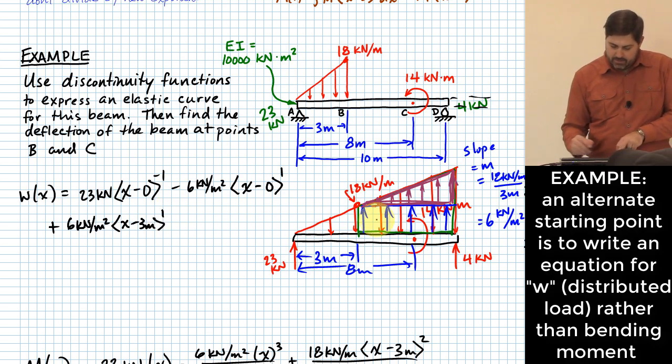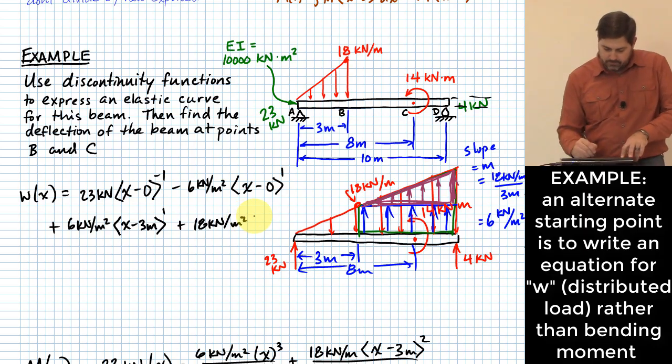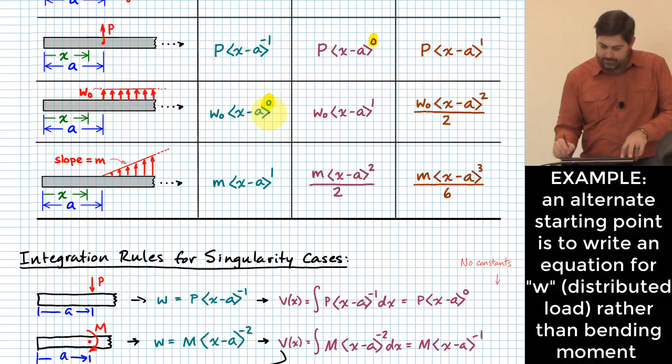Then I'm going to take care of the rectangular piece, so that's plus 18 kilonewtons per meter. This will be x minus 3 meters, raised to the 0th power.